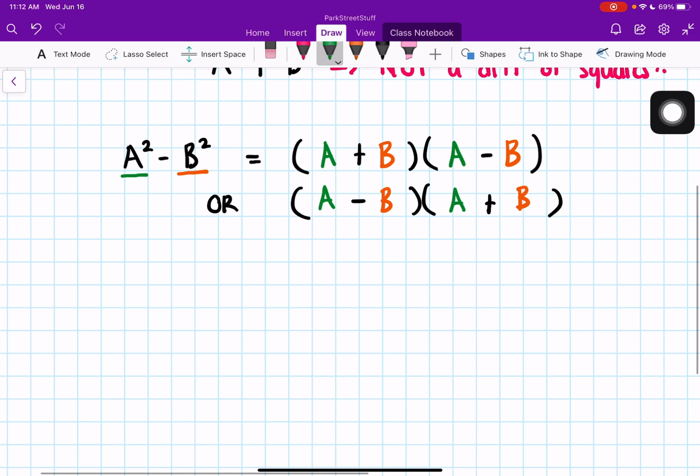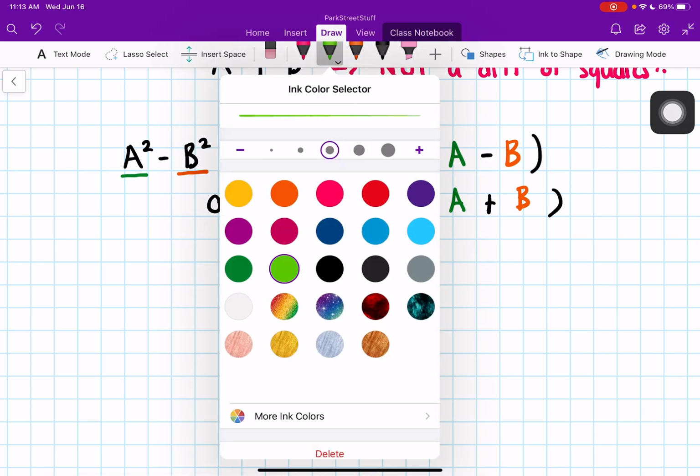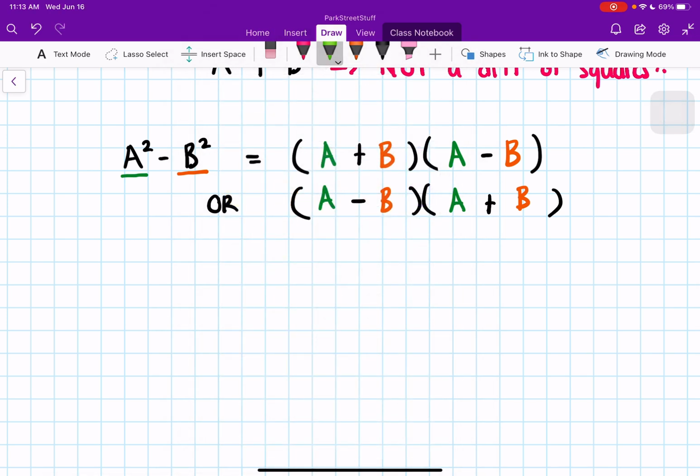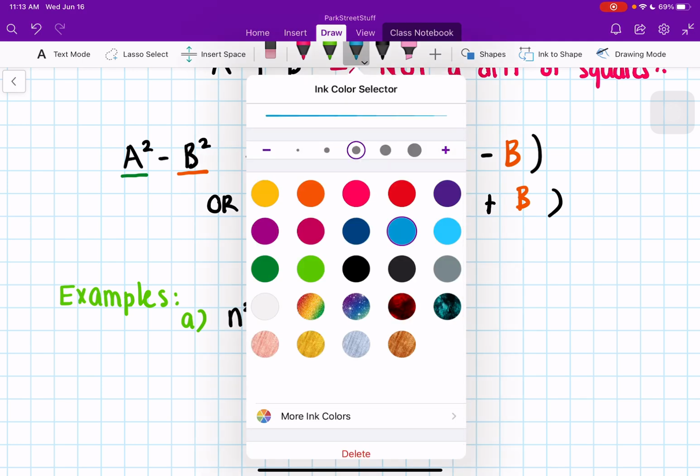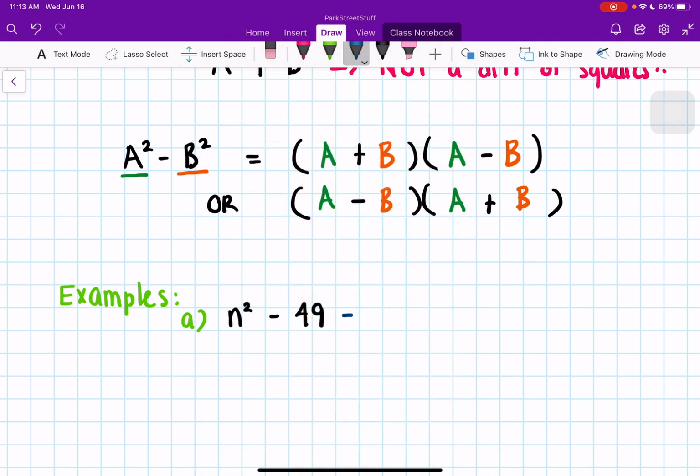All right, so let's look at some examples. The first one we're going to look at, n squared minus 49. So here we're going to have two brackets, and then we're going to take the square root of the first term.